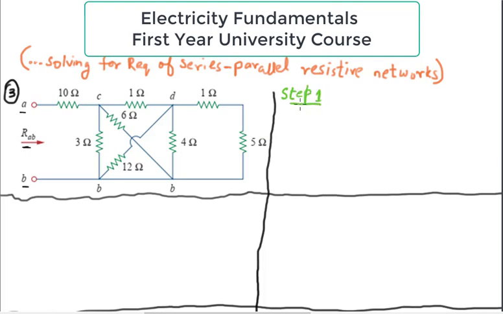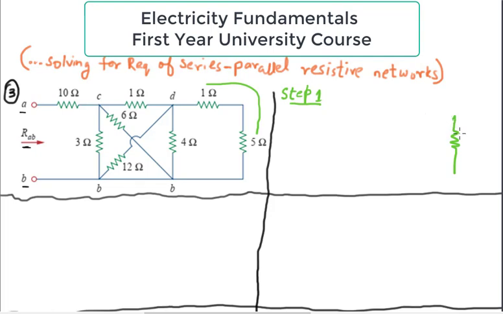In the first step, what's going to happen is that this 1 ohm resistor and this 5 ohm resistor, they are in series, and I'm going to solve them together and reduce them into a single resistor. So that's one thing that's going to happen. In place of 1 ohm and 5 ohm, I am just going to have a single resistor.